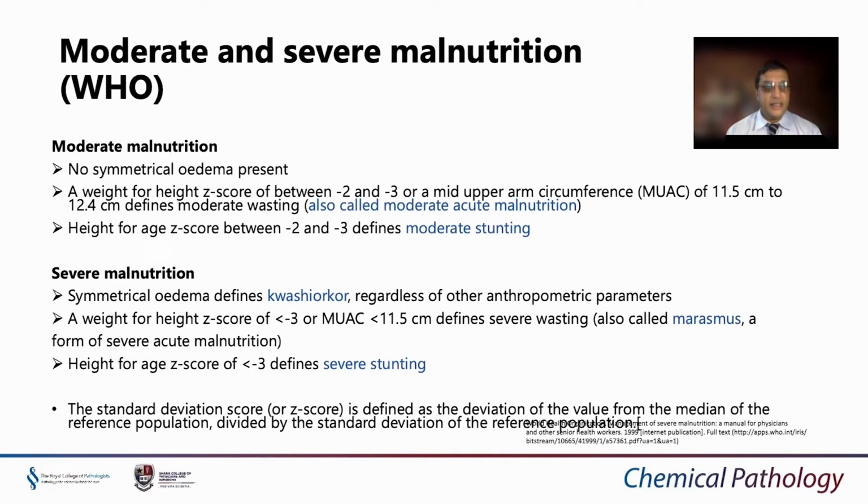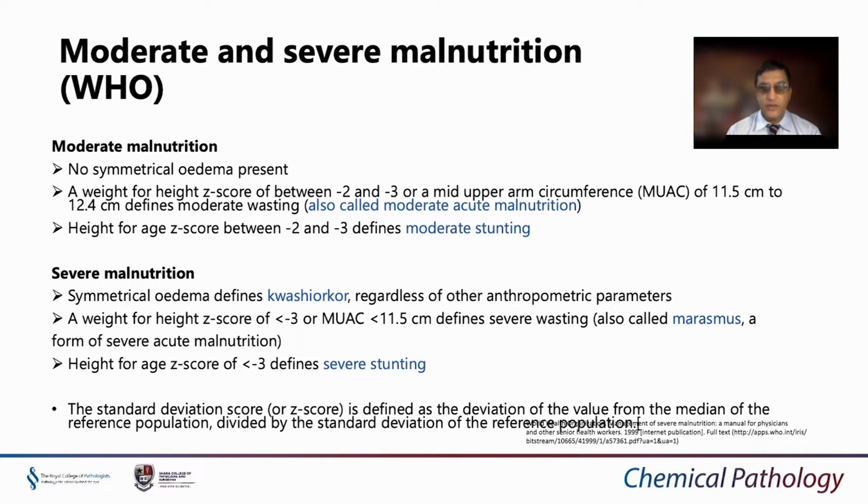This slide illustrates the moderate and severe malnutrition categories that are advocated by WHO. You will appreciate the key features of edema being present or absent. It is absent in the moderate category, present in the severe category. You will also identify the weight for height Z-score, or the MUAC, the mid-upper arm circumference being utilized to define moderate wasting or severe wasting.